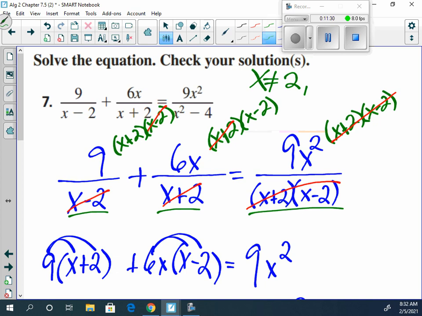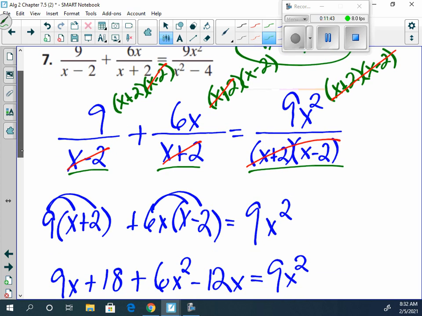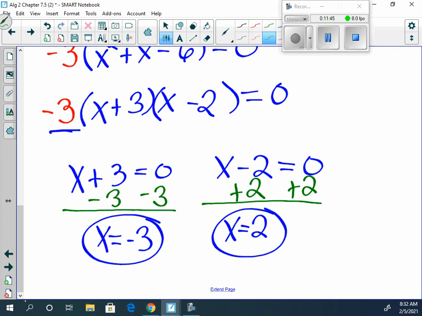X plus 2 would be negative 2 because negative 2 plus 2 is 0, and that's what we have here. So x cannot be positive or negative 2. It can't be that value.